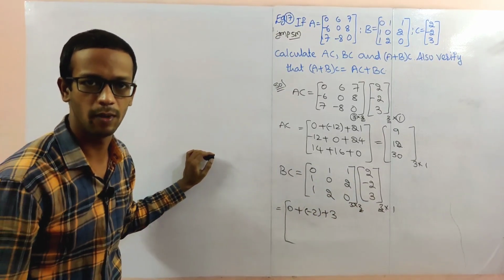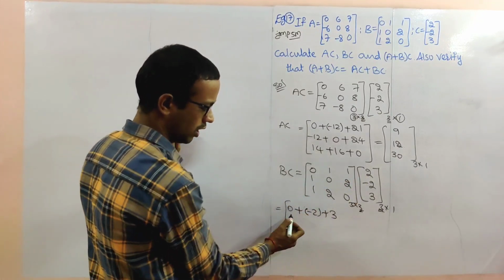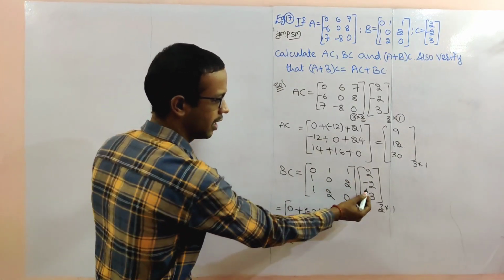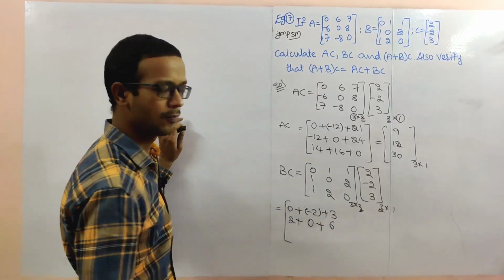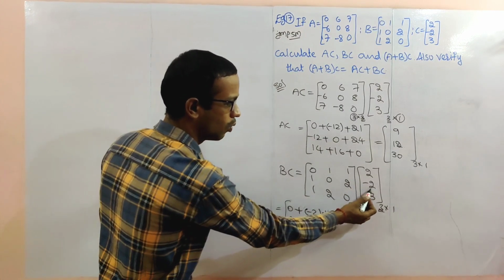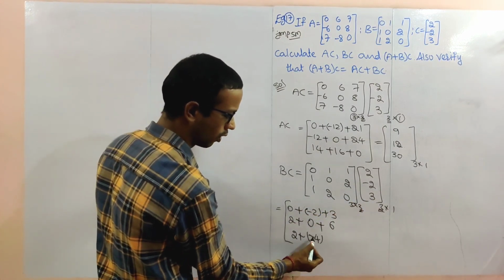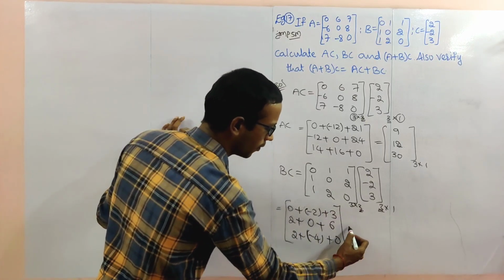First row, first column completed. Next, second row, first column: 1 into 2 is 2 plus 0 into minus 2 is 0, 2 3s are 6. Next, 1 into 2 is 2 plus 2 2s are 4 minus 4 is there, minus 4 plus 0.